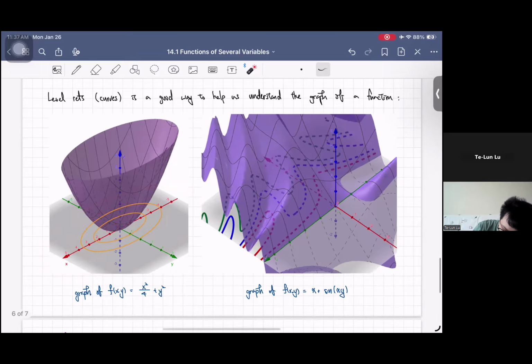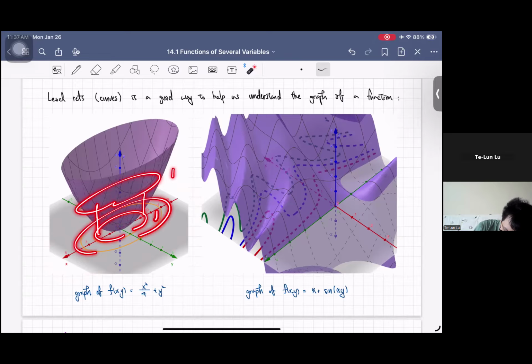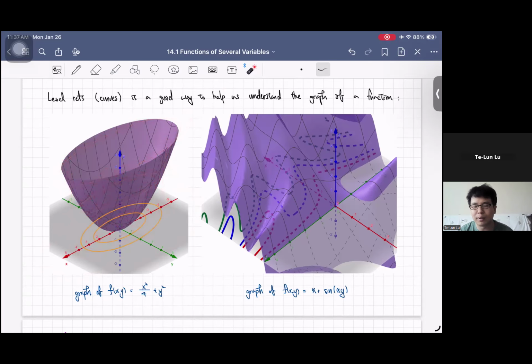And if I do that projection onto the z coordinate, you get, for example, if this is 1, then height will be 1 here. If this is 2, then height will be 2 here, and so on and so forth. So by visualizing the level set on the two-dimensional plane, you can sort of figure out what the graph looks like in the 3D space.